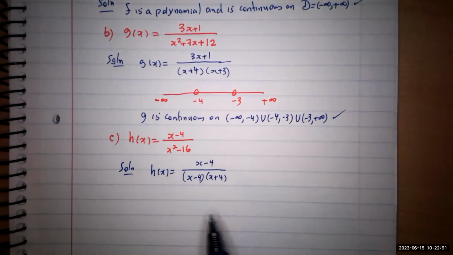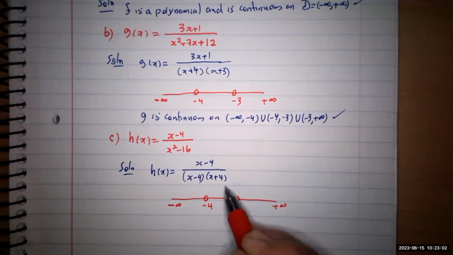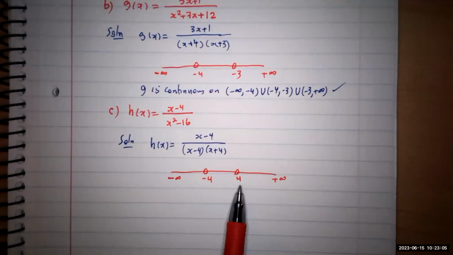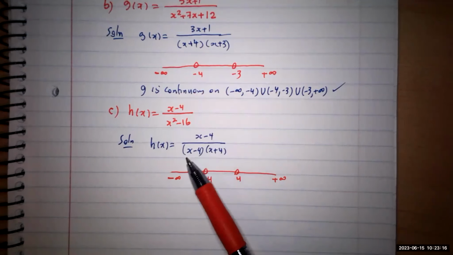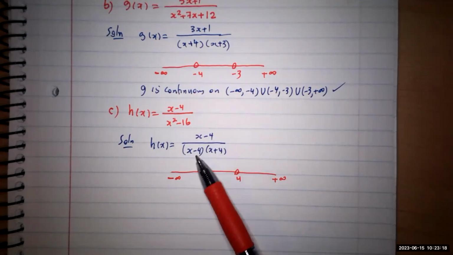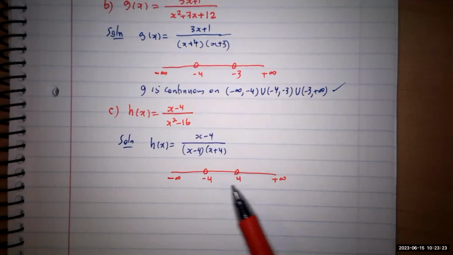Again, the denominator is going to be 0 at 2 places, so you have to exclude them. You have to exclude -4 and +4 because of the denominator. So again, we get 2 holes here. The reason I gave you this is that I've seen some people simplify it. Then they say the function is continuous everywhere except at -4, which is not correct. 2 points.